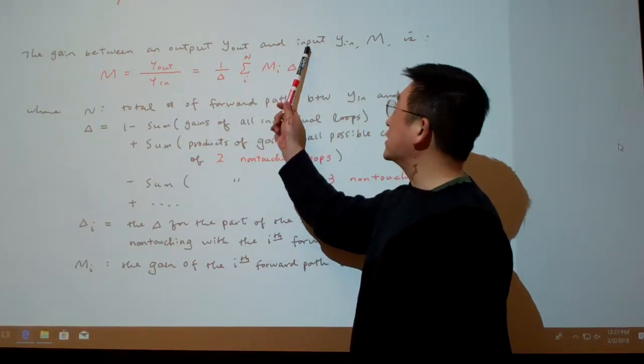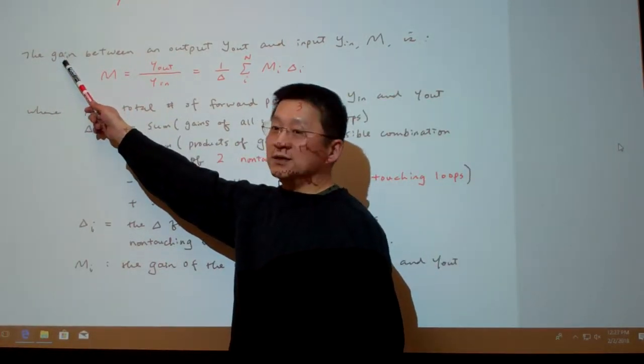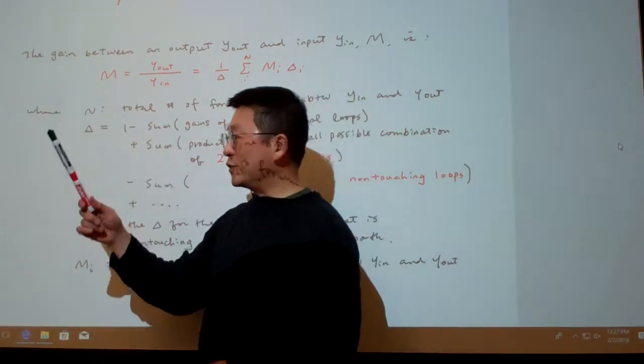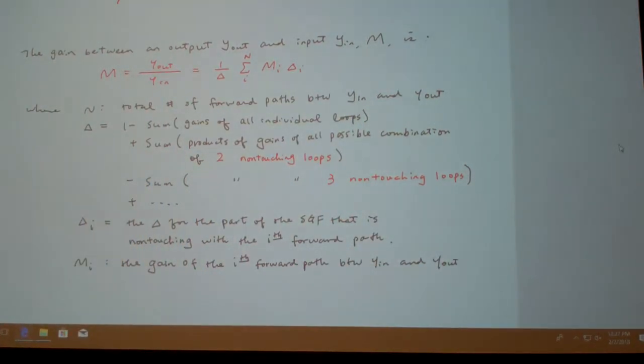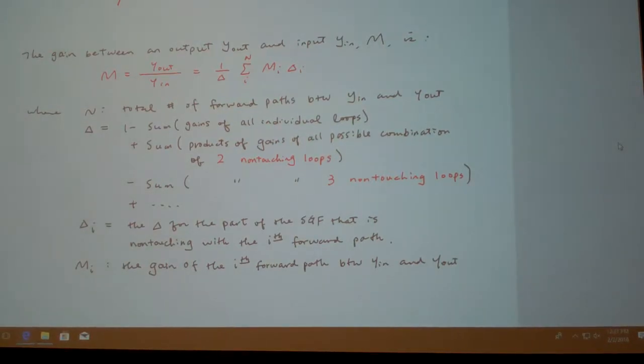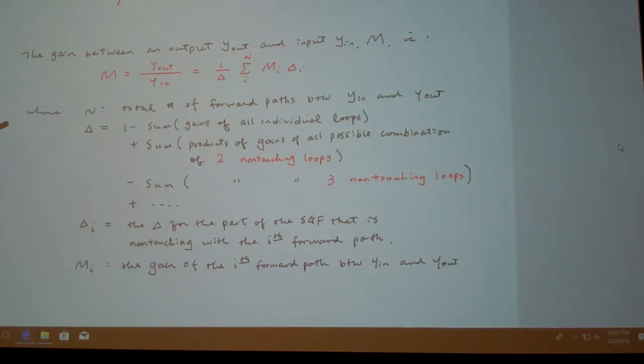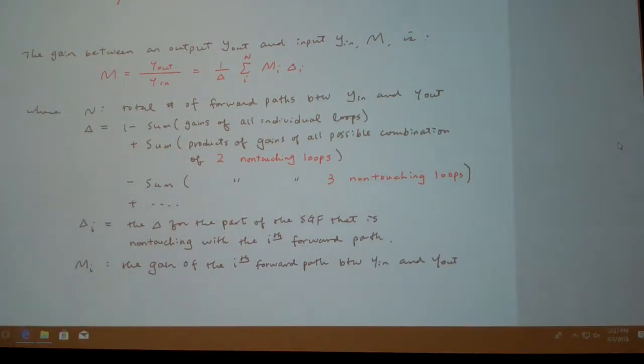If this is the output and this is the input, the gain is simply the transfer function, right? Do you remember in our definition, we defined the output in ratio to input as our transfer function? So this rule is saying we're going to find the transfer function.